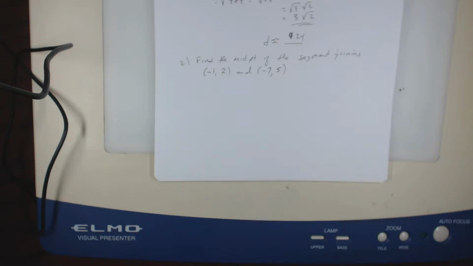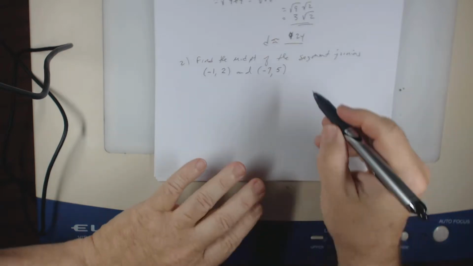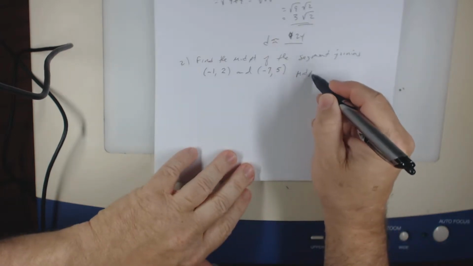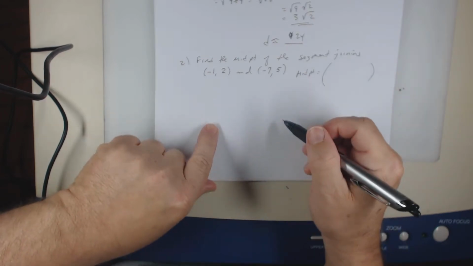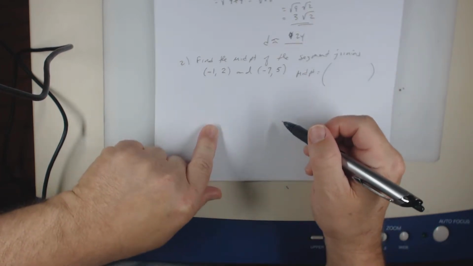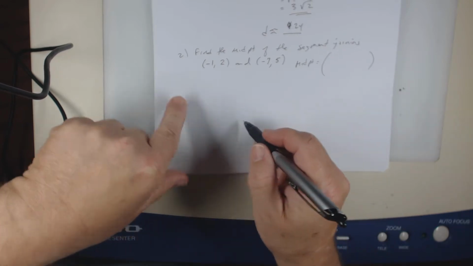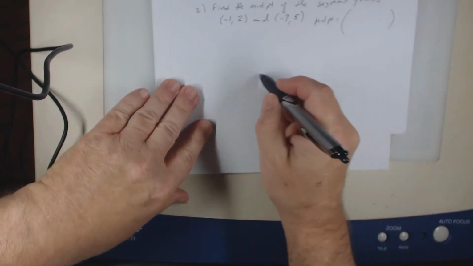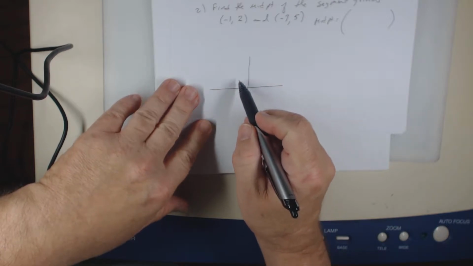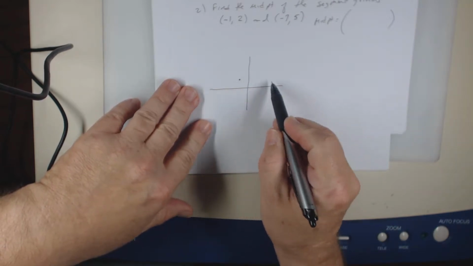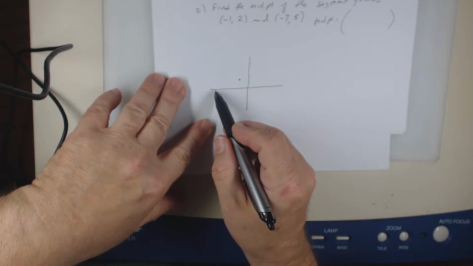So if you go back to those videos and look at how that came about, basically the formula says, remember, this is the midpoint formula. Now remember the midpoint is a point, right? So basically, I'm drawing this by hand. Let's say this is -1, 2 right here, and -7, 5 is right here.